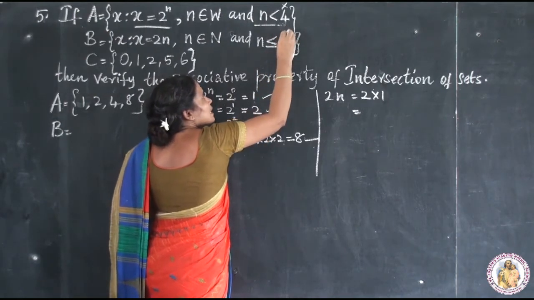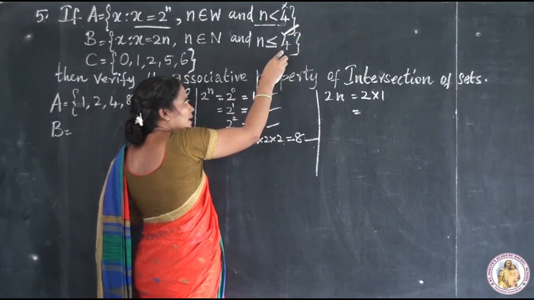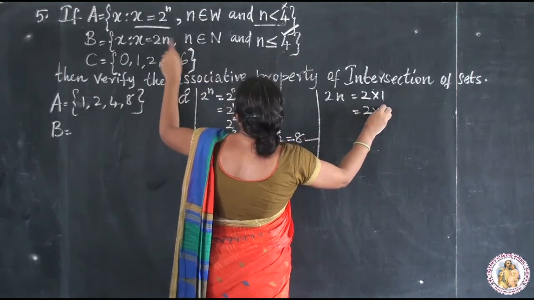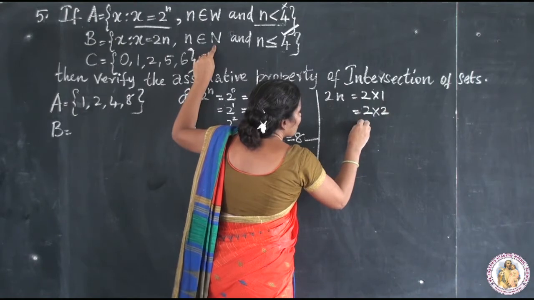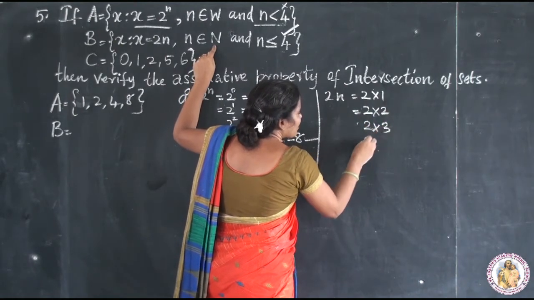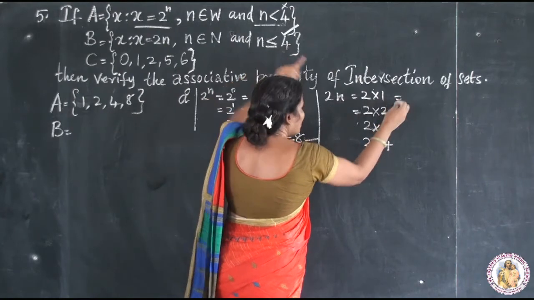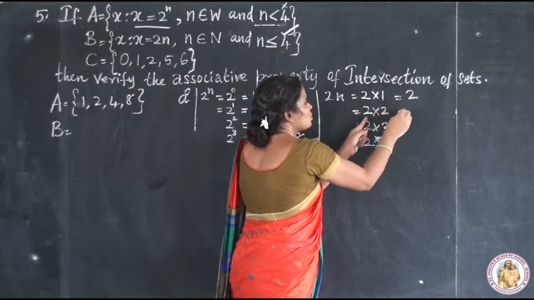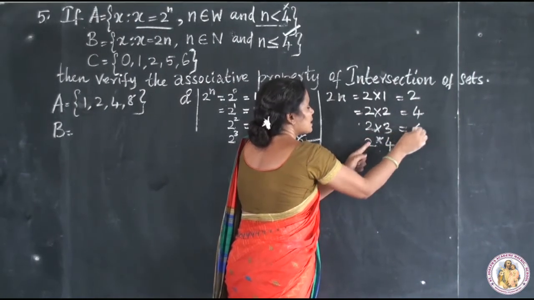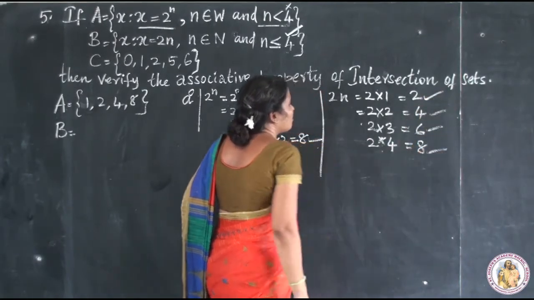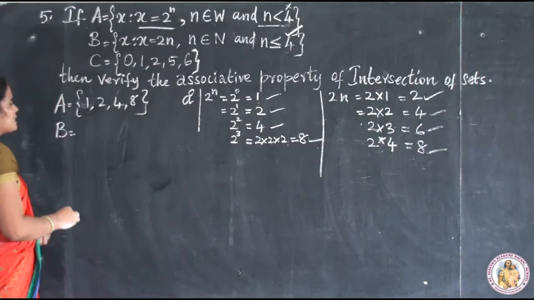It is given as less than or equal to 4, so we have to take 4 also. So 2 into 1, 2 into 2, 2 into 3, 2 into 4: 2 ones are 2, 2 twos are 4, 2 threes are 6, 2 fours are 8. Now the elements of B are 2, 4, 6, 8.